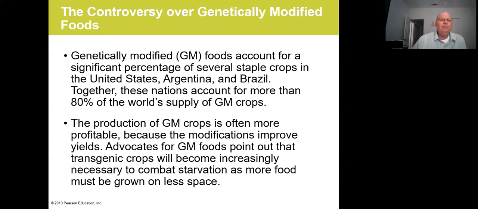Where you see the GMO label on foods, it is typically to indicate that the foods are non-GMO. That's strictly voluntary. There's no requirement for that label either.